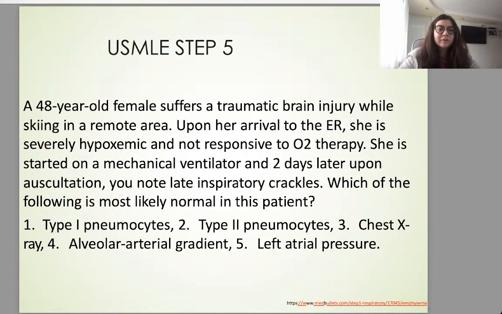She is started on a mechanical ventilator, and 2 days later, upon auscultation, you note late inspiratory crackles. Which of the following is most likely normal in this patient? Options: first, type 1 pneumocytes; second, type 2 pneumocytes; third, chest X-ray; fourth, alveolar-arterial gradient; and fifth, left atrial pressure.